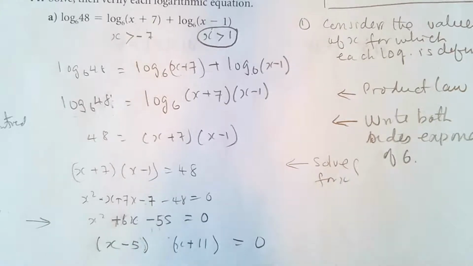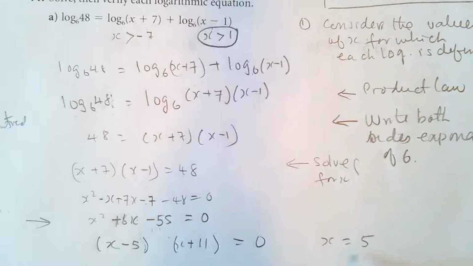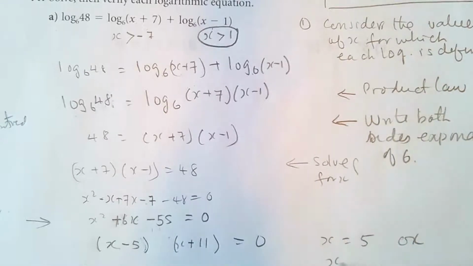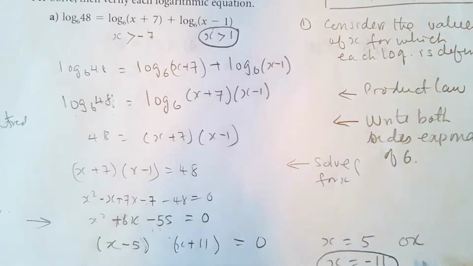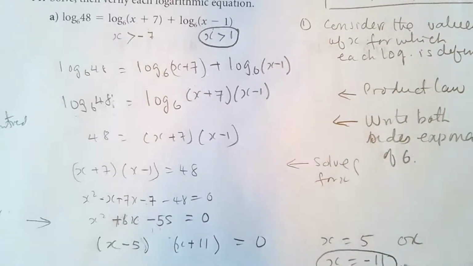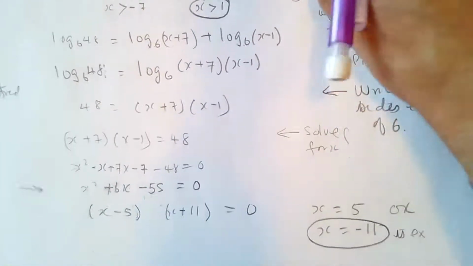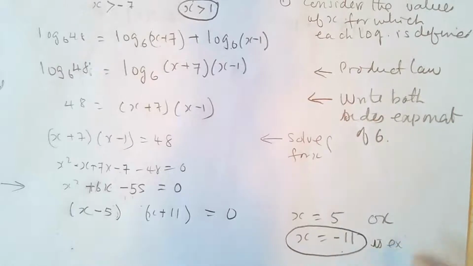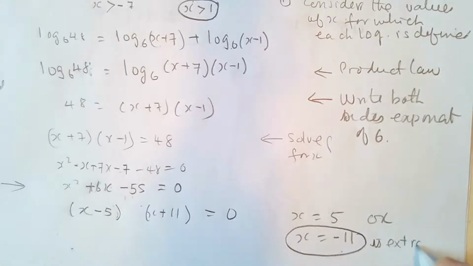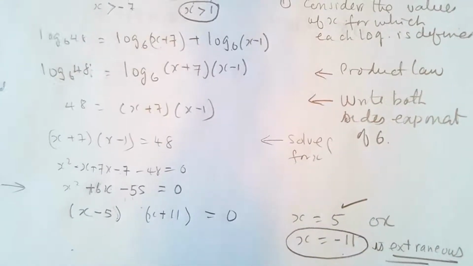That's right. So now we have x is equal to 5 or x is equal to negative 11. Negative 11 is extraneous. So x equal 5 is our solution.